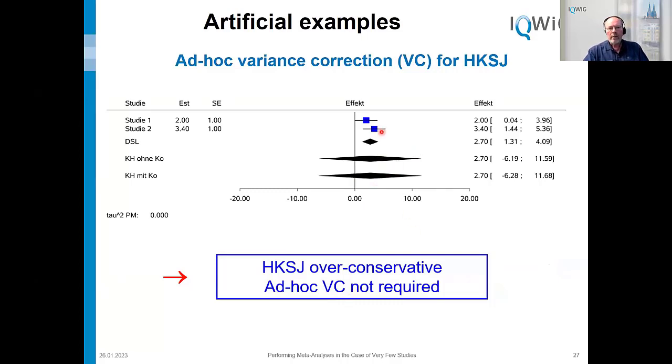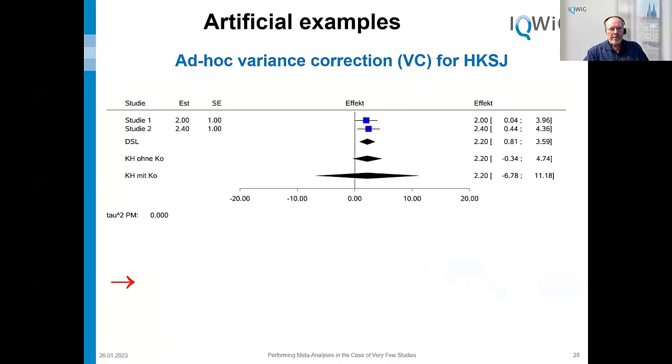And now what I do in the next slides is that I move the second study in small steps to the left. That means I make the data situation more homogeneous. So what happens now? Here there is a large difference between Hartung-Knapp-Sidik-Jonkman without and with correction.